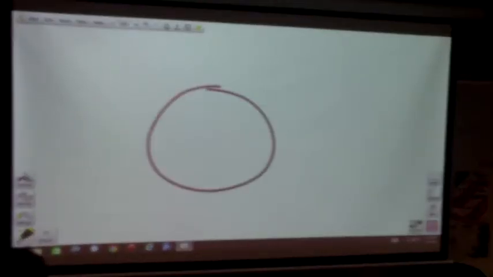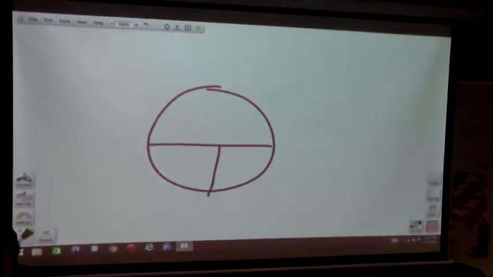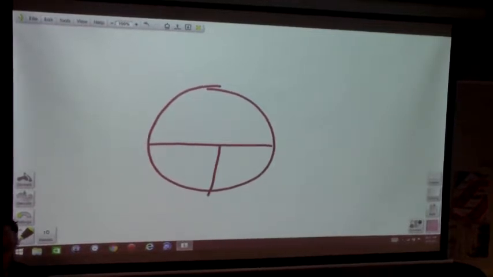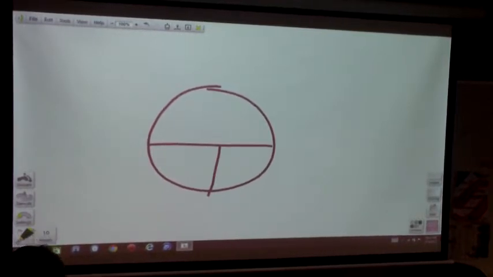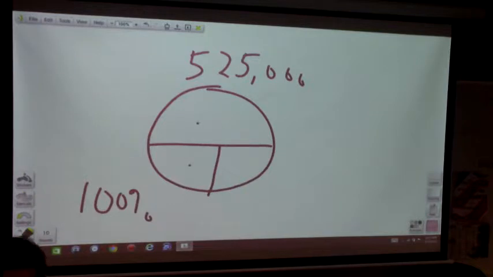Let's get the old circle going, guys. The property sold for $525,000 after you made a 50% profit. What happened first in time? He bought the property. We don't know what he paid for it, but we know he paid 100%, don't we? And we know that he sold it for $525,000, which represented a 50% profit.